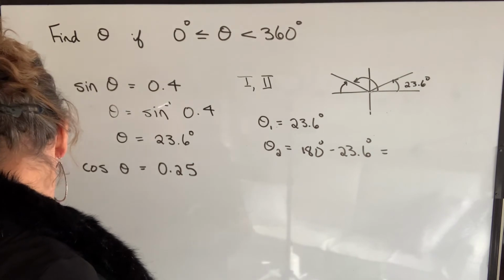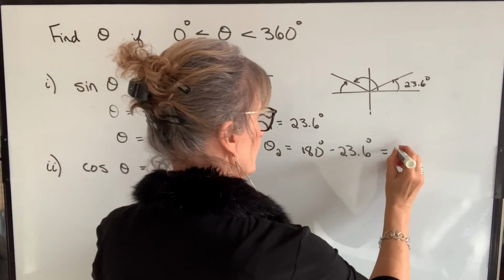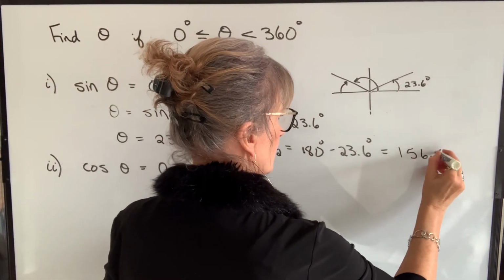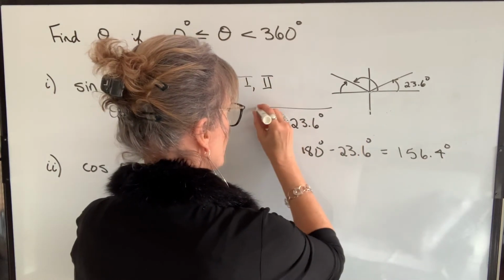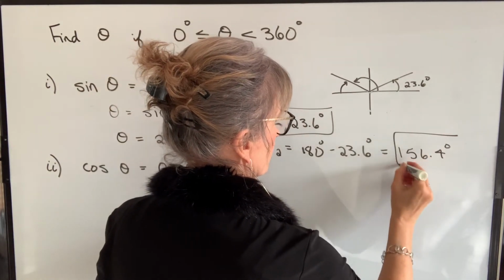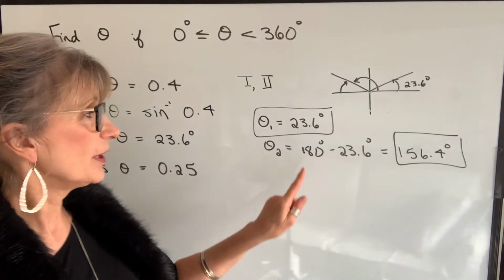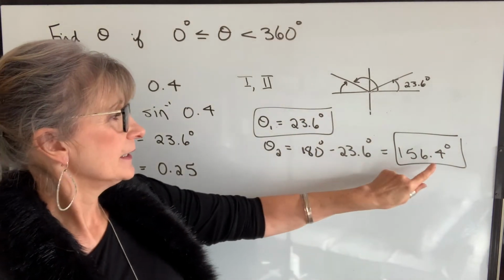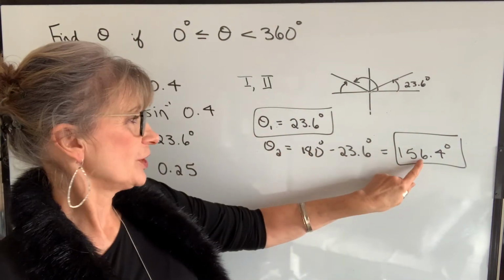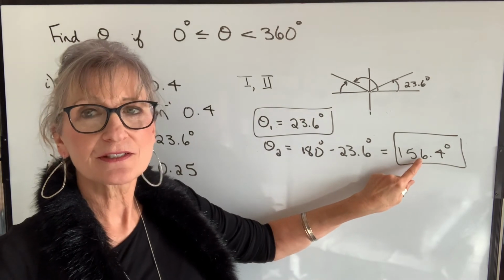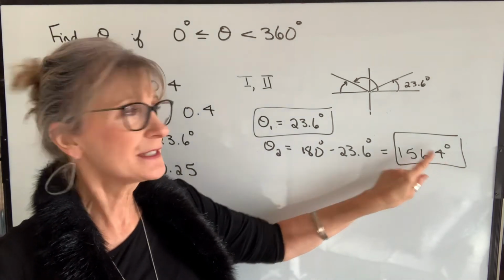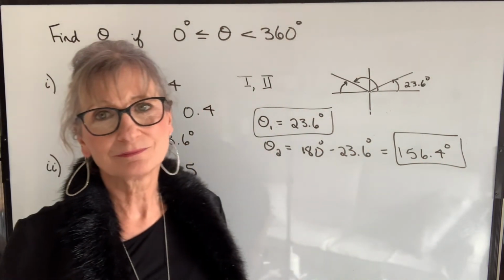When I subtract, I get 156.4 degrees. So those are my two answers. And you can always check by finding the sine of this, which will be 0.4. Check this one. You'll also get the sine of 156.4 degrees to equal 0.4.